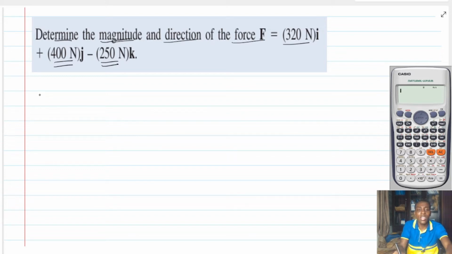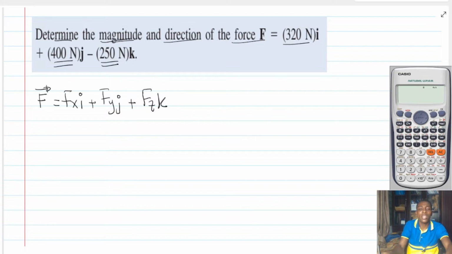Number one, we said that if I have a force in space, then it has a component Fx along the i direction, plus a component Fy along the j direction, plus a component Fz along the k direction. Is that right?